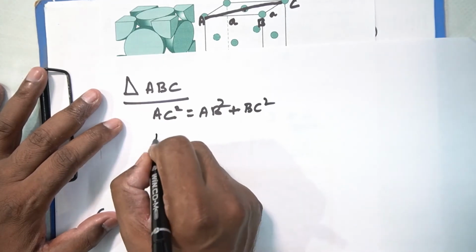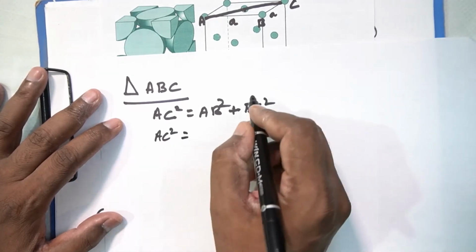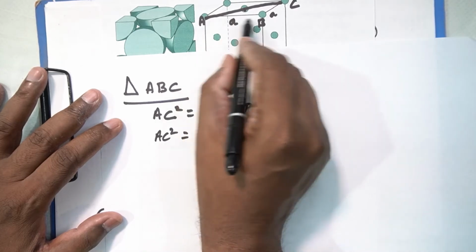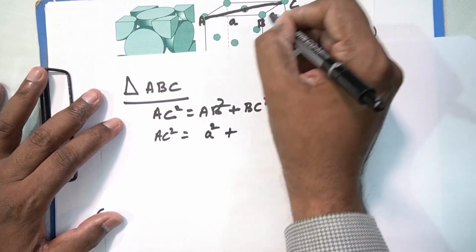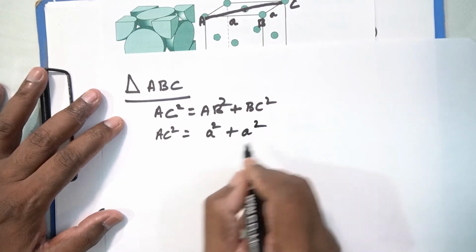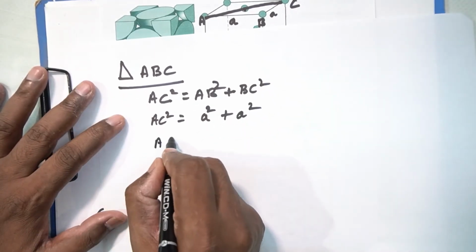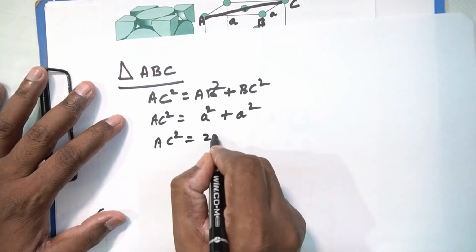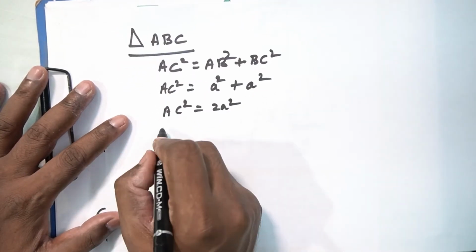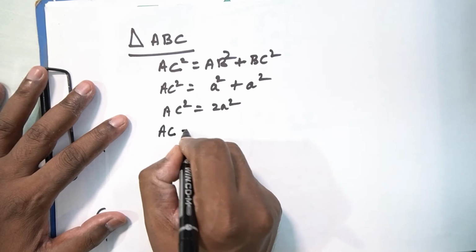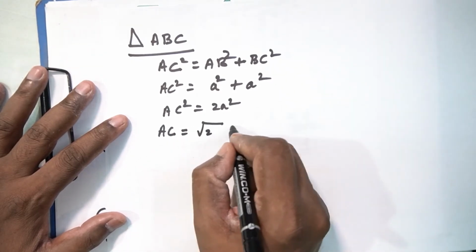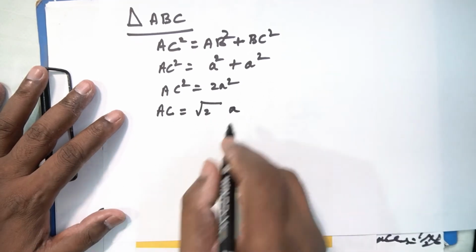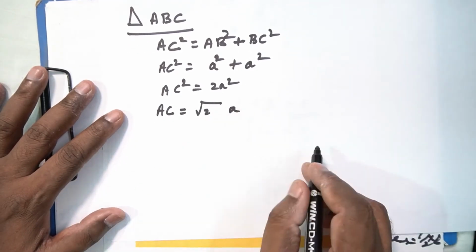AB is the edge A, so A square, plus BC is this edge, so it is also A square. So AC square is equal to 2A square, and AC is equal to square root of 2 A square, which is root 2 into A.